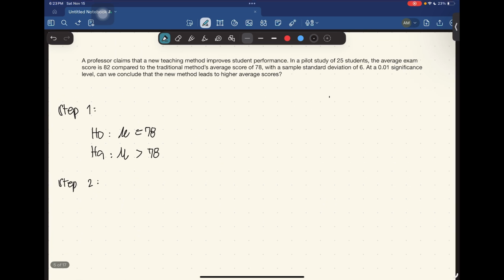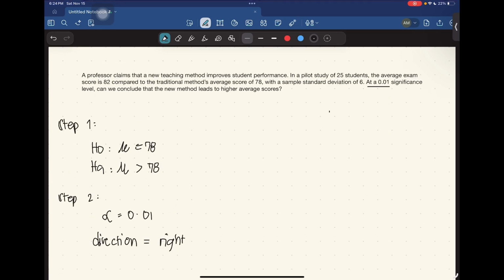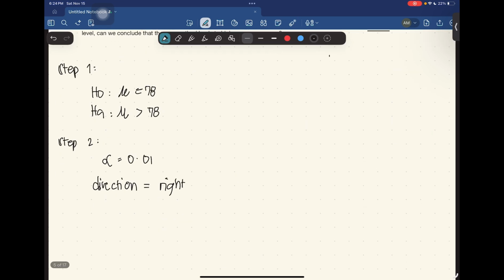We can see that the level of significance is 0.01. So, alpha is equals to 0.01. While the direction of our test is to the right, because we are testing something that is greater than the null hypothesis.